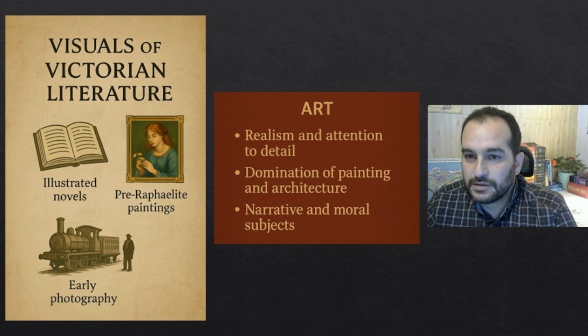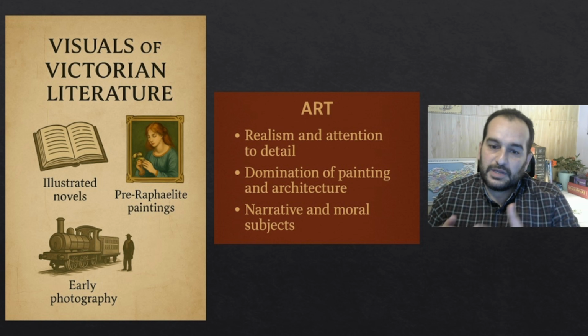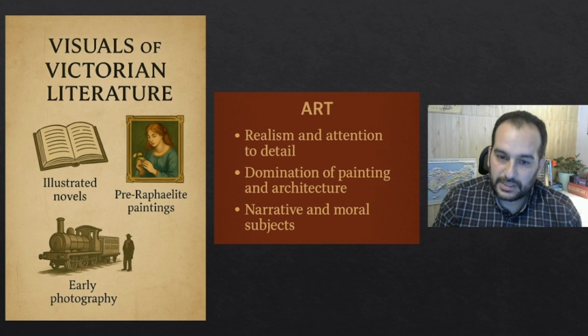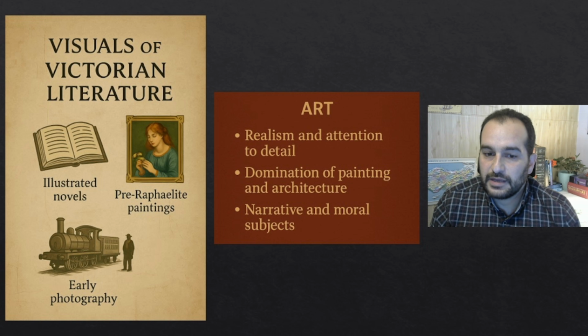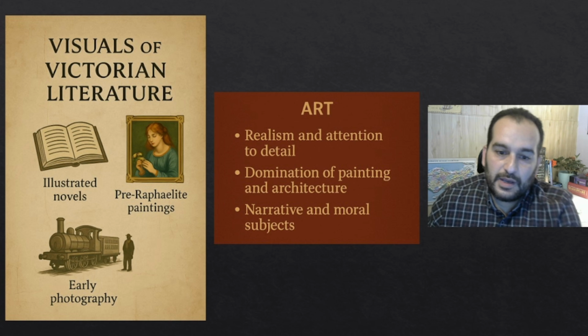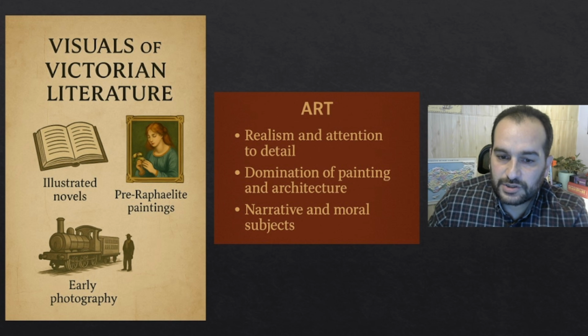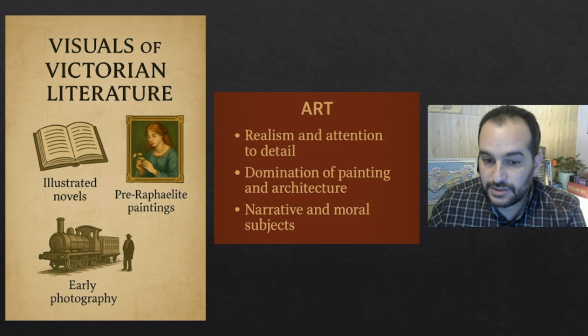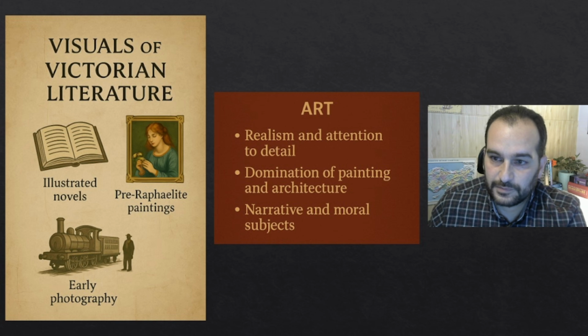We see art during the Victorian age becoming more concerned with morality, narrative, and emotional depth. So, architecture favored Gothic revival, reflecting nostalgia and national pride.